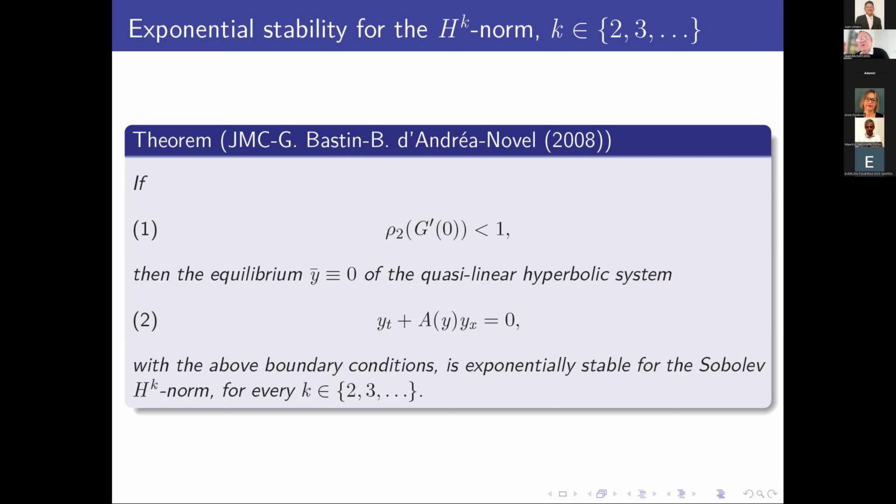If rho 2 of g prime of 0 is less than 1, then you have exponential stability for the Hk norm, whatever is k, at least if k is at least equal to 2. For H1, we know it's not well posed, but for k larger than 1, it's well posed.